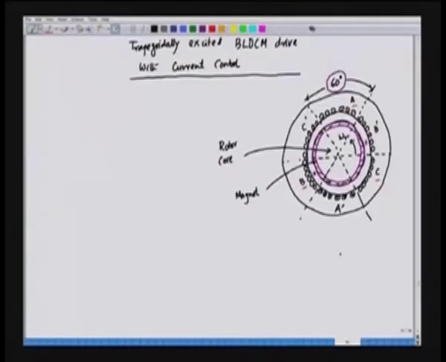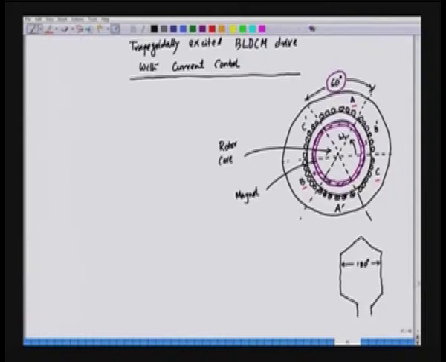We have a turn of a winding, and these two sides of the turn are placed 180 degrees apart.